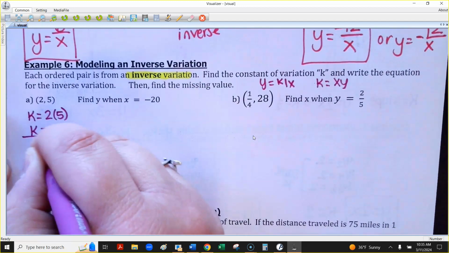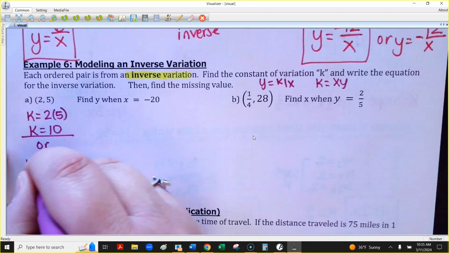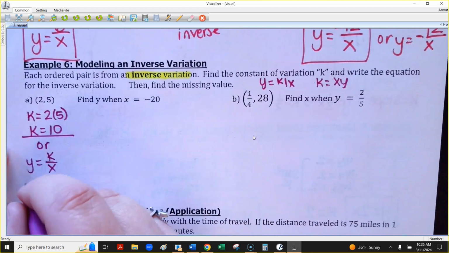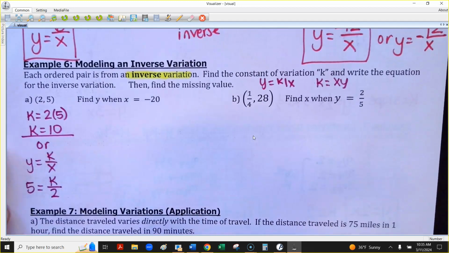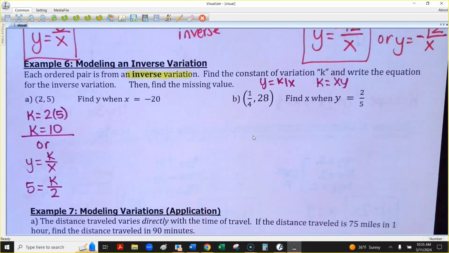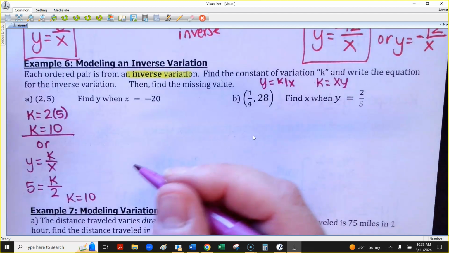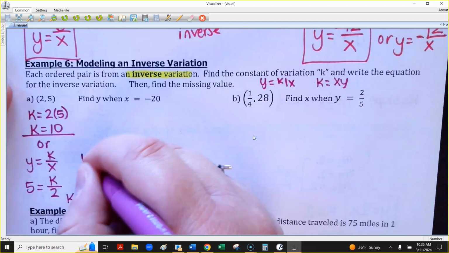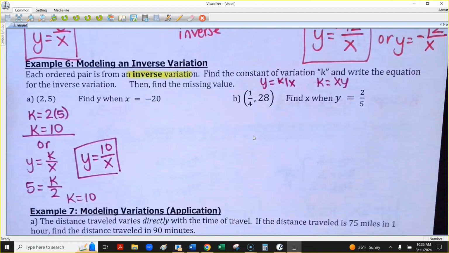Or if you want to actually plug it into the formula, do y equals k over x. You could do it like that too. So the y-coordinate here would be 5. The x-coordinate would be 2, and we could solve it like that. It's your choice, however you want to do it. Same thing, the k value would be 10. But the general equation then would be y equals 10 over x. So that would be the first part.